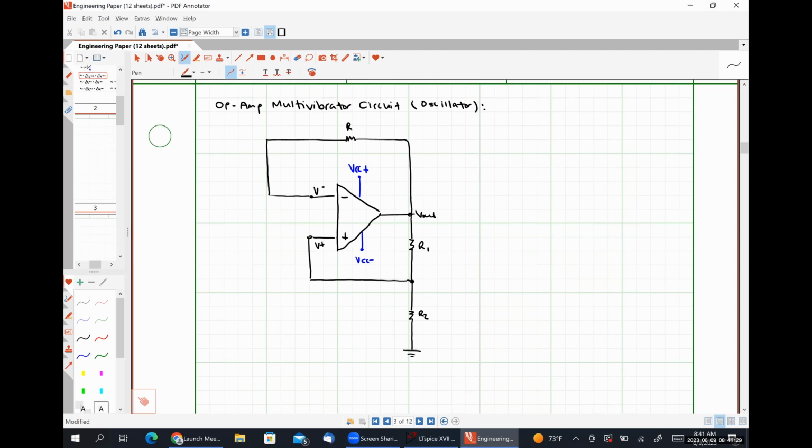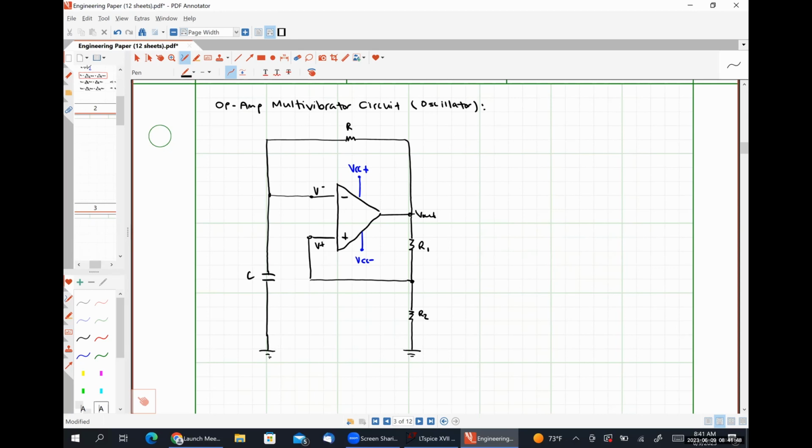The last component that we are going to have here is a capacitor. I'm going to call C, and I'm going to ground this bottom leg of the capacitor.